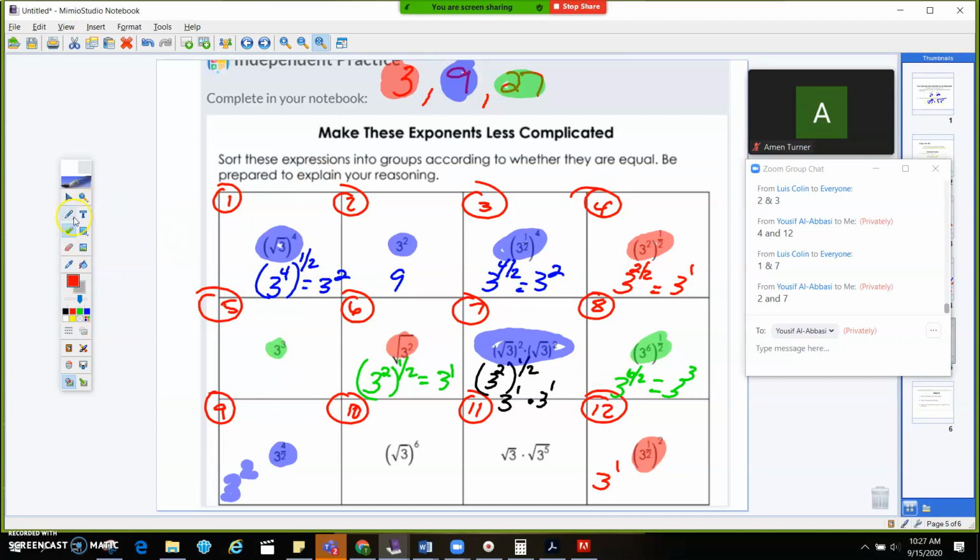Okay? On 10, if we simplify this, we're going to get 3 raised to the 6th power, and we're going to raise that to the 1/2. 6 times 1/2 is going to give us 3, so 3 to the 3rd power, which is in green.